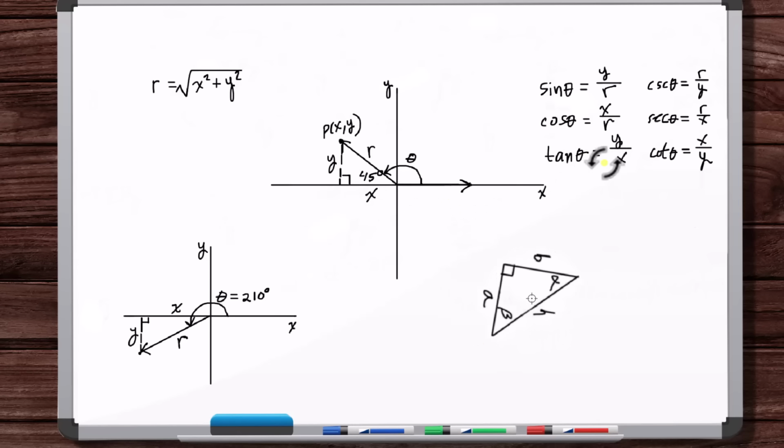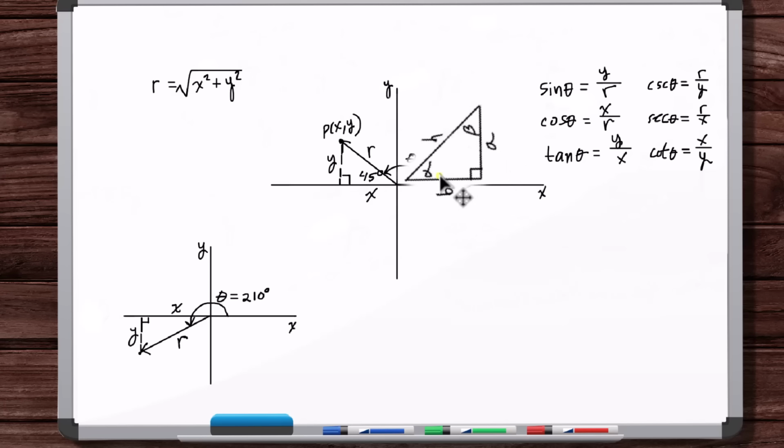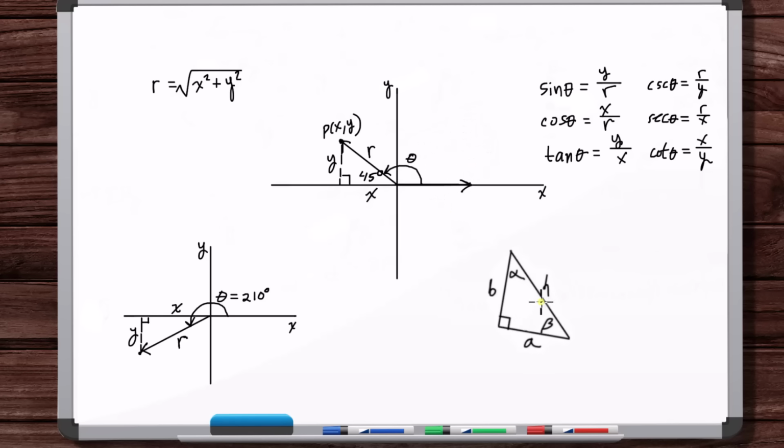Now, if we rotate the right triangle, we can put alpha in standard position and see how the trig functions of alpha are directly related to the side lengths of the triangle. Sine of alpha is opposite over hypotenuse. Tangent of alpha is opposite over adjacent. The trig functions are always positive. But what about beta?